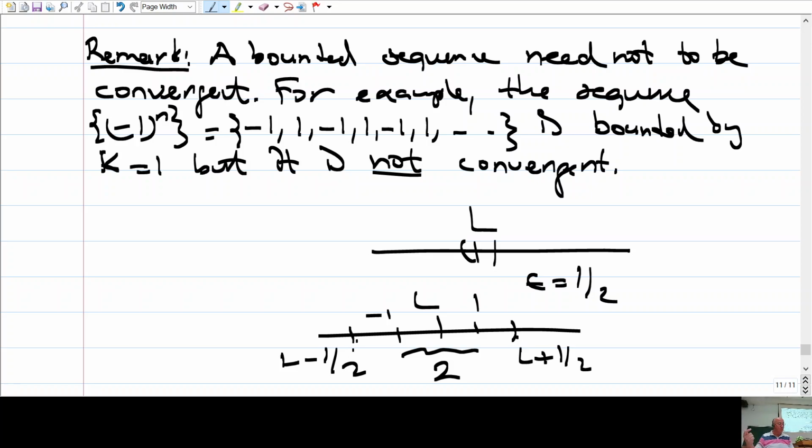So this means 2 is less than 1, a contradiction, right? We have an interval of length 1 and it contains both 1 and -1. That's not possible. That's why this sequence is not convergent, okay?